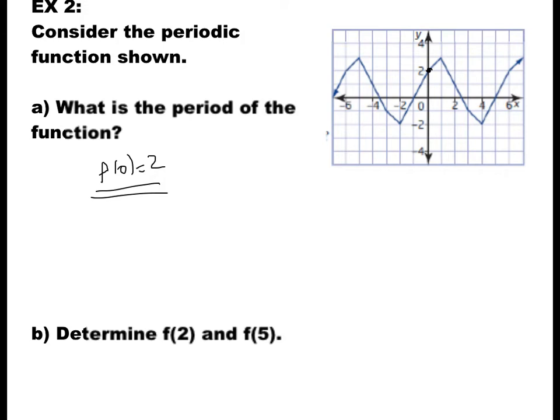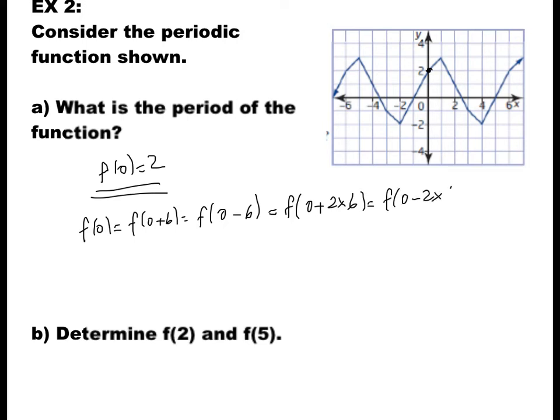So since the period of this function is 6, I can say that f of 0 is f of 0 plus 6, which is equal to f of 0 minus 6, doesn't matter right or left, or f of 0 plus 2 times 6, or f of 0 minus 2 times 6, 2 periods to the left, which is equal to f of 0 plus 3 times 6, and so forth.